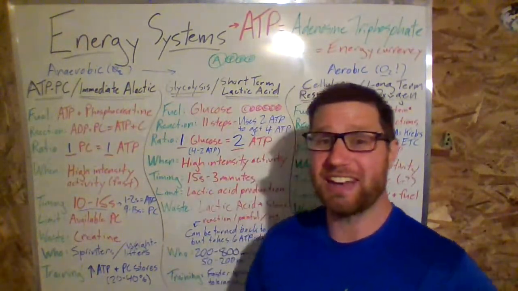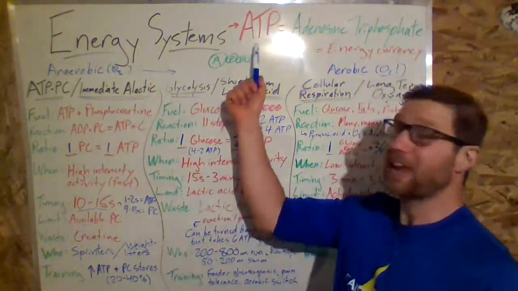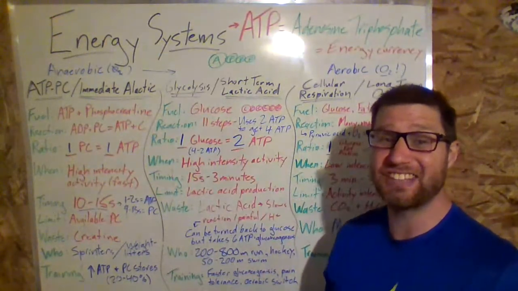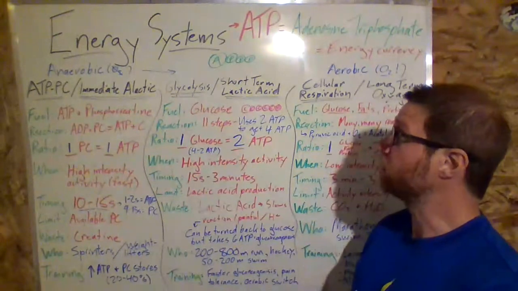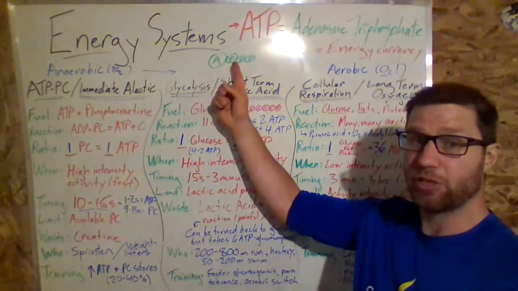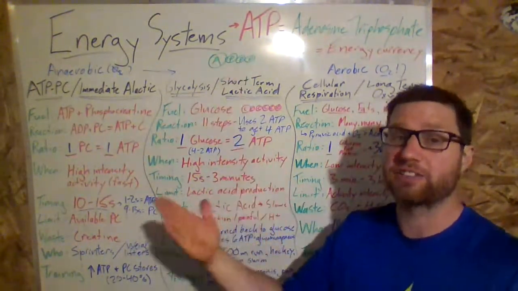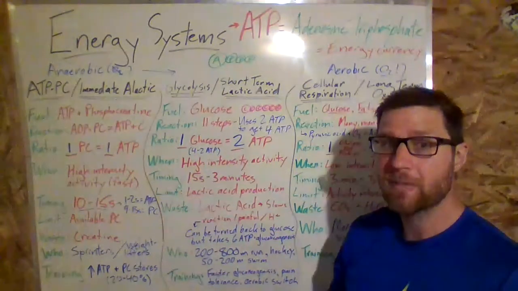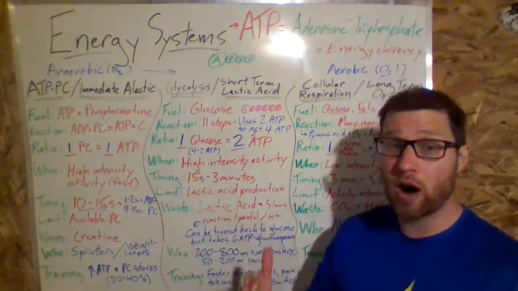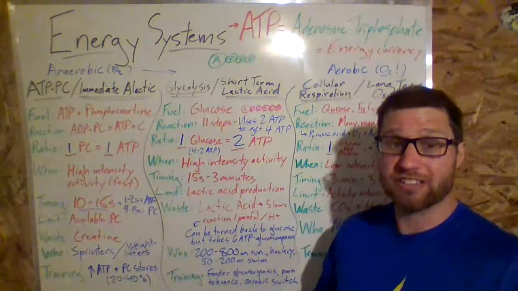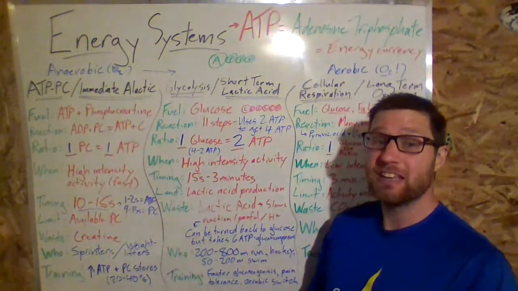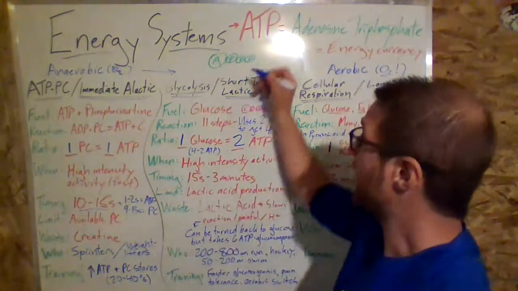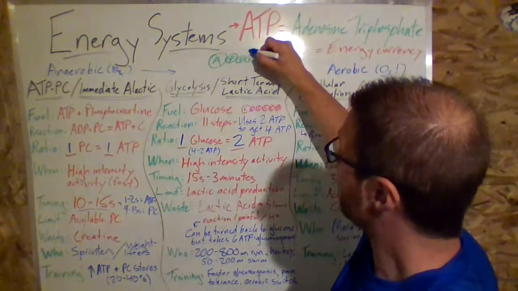So let's start with ATP here real quick, just to recap. ATP we know is called adenosine triphosphate, and it is an adenosine molecule attached to three phosphates, triphosphate, right? Now, in the presence of water, in a process called hydrolysis, one ATP will break down and release one phosphate.